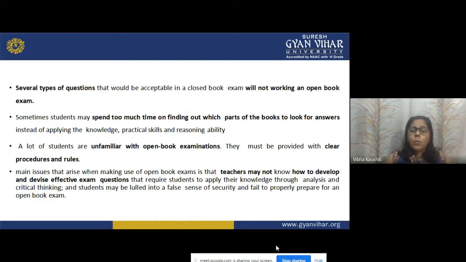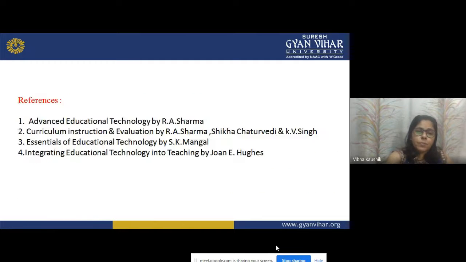And students may be lured into a false sense of security and fail to properly prepare for an open book exam, and what will happen in the end is that they fail to properly prepare for the examination.